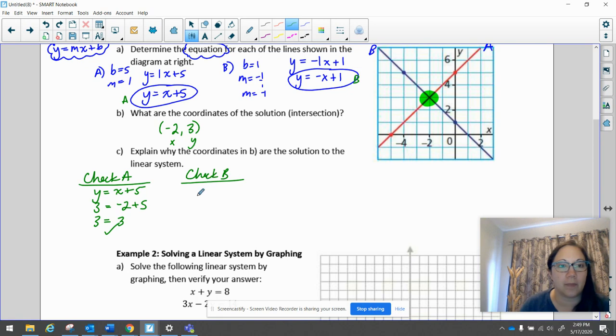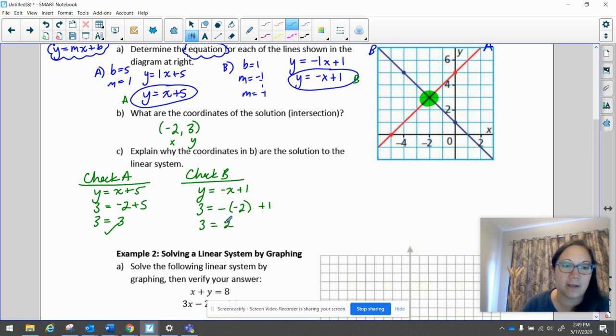Let's check it in equation B. So y equals negative x plus 1. The y coordinate is 3. The x coordinate is negative 2. Just be careful. You're substituting in a negative, and you already have a negative in there, so you have two negatives involved. The negative of negative 2 is 2.